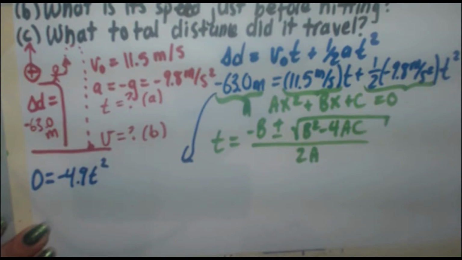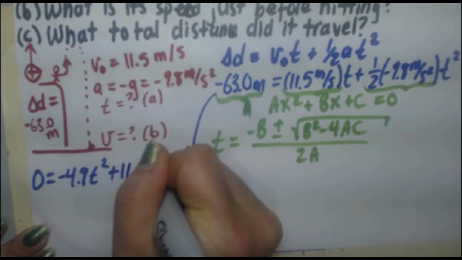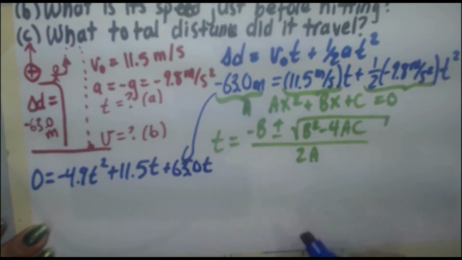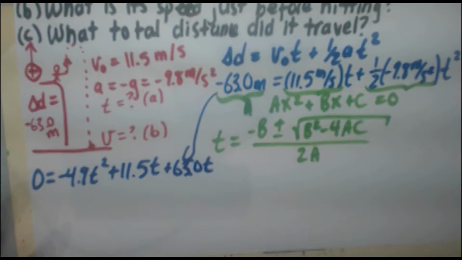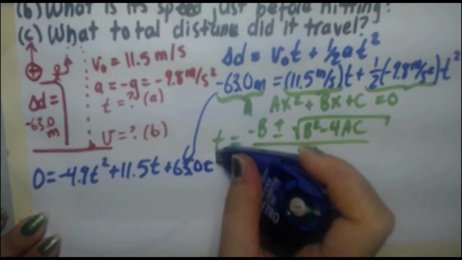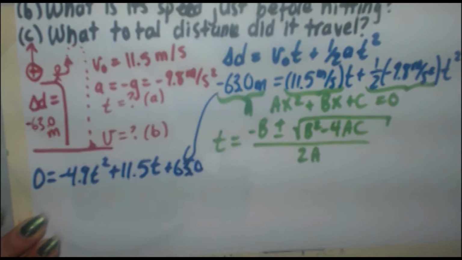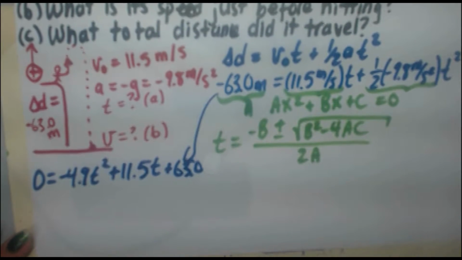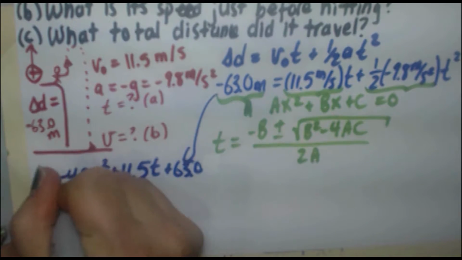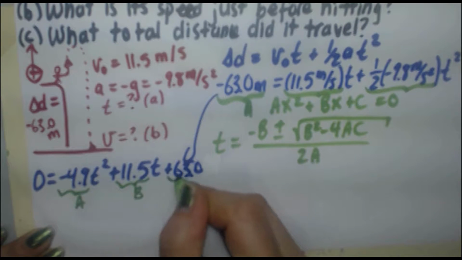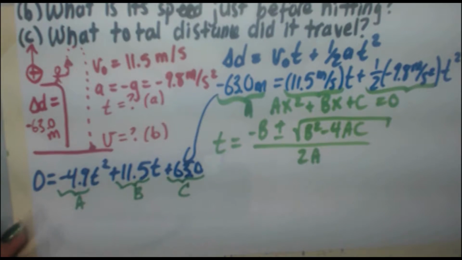Minus 4.9 t squared plus 11.5 t, plus 63. All right, so we've got our a: a is negative 4.9, b is 11.5, c is 63.0.